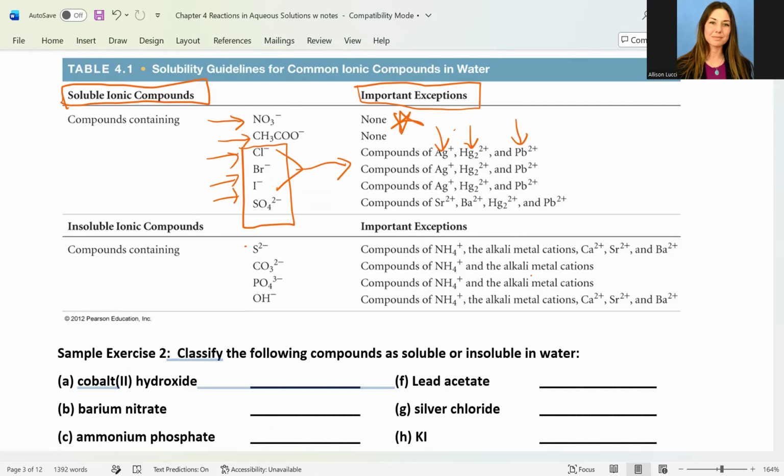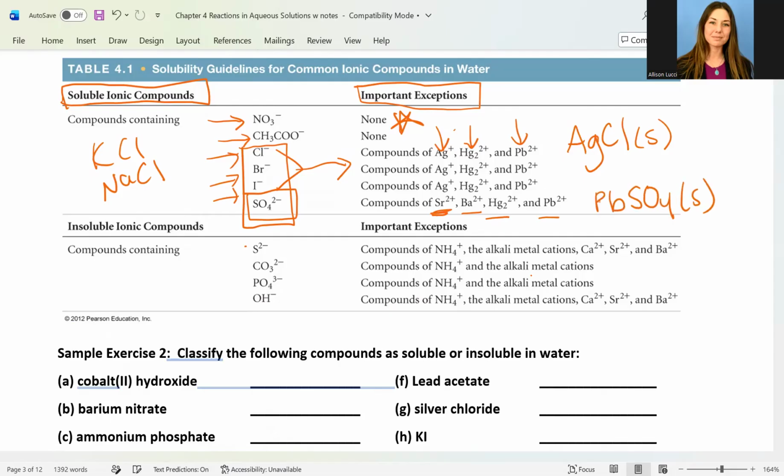So when silver comes in contact with chloride, I'm going to get this precipitate, this solid. But all other chlorides, like potassium chloride and sodium chloride, will be soluble in aqueous solution. Then we see our exceptions for sulfates. Generally sulfates will be soluble, except when mixed with strontium, barium, mercury, or lead. So for example, lead sulfate would be a solid. That would form a precipitate.